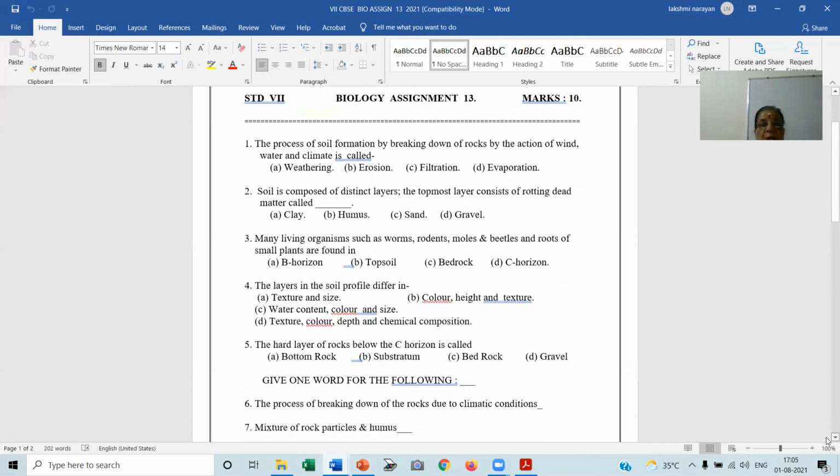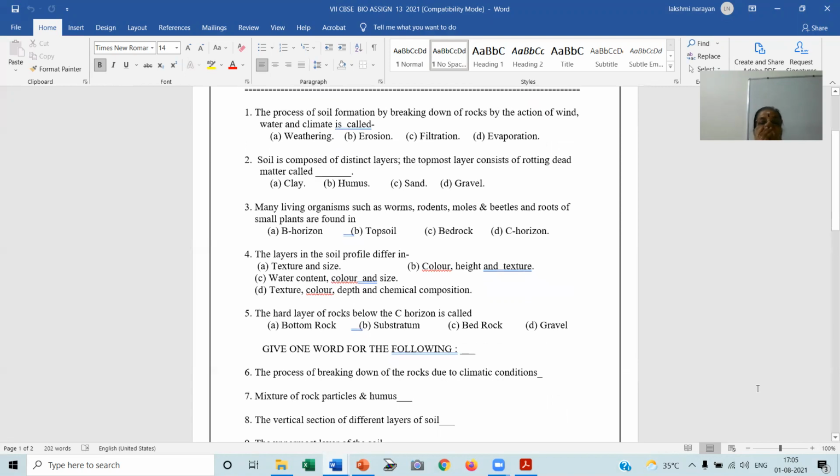Question 4. The layers in soil profile differ in texture and size, color, height and texture, water content, color and size, or texture, color, depth and chemical composition.